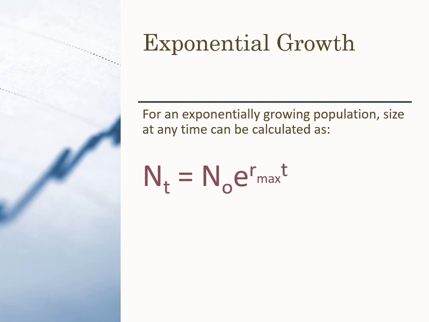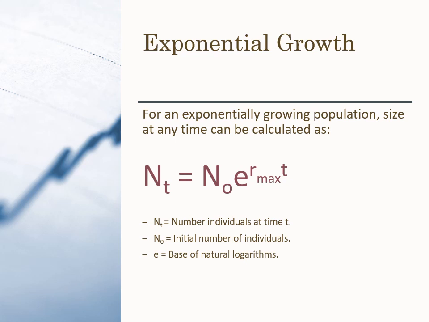So we've got the population at a given time equals the number we started with, our initial population size, which is your N sub 0, times the base of the natural logarithms. We are going to use e here, instead of using a base of 10. And that is raised to the power of the population growth rate.